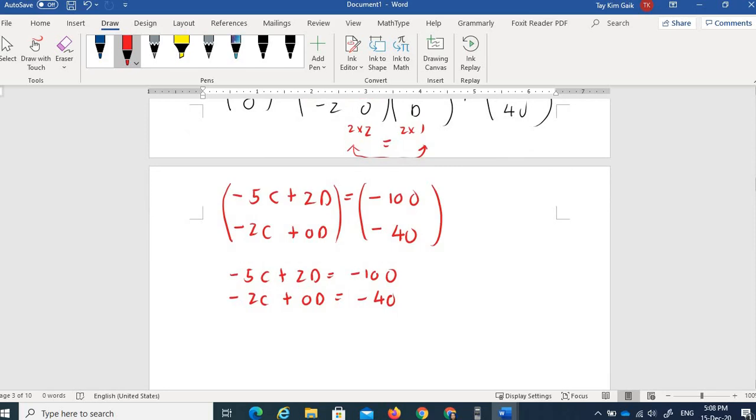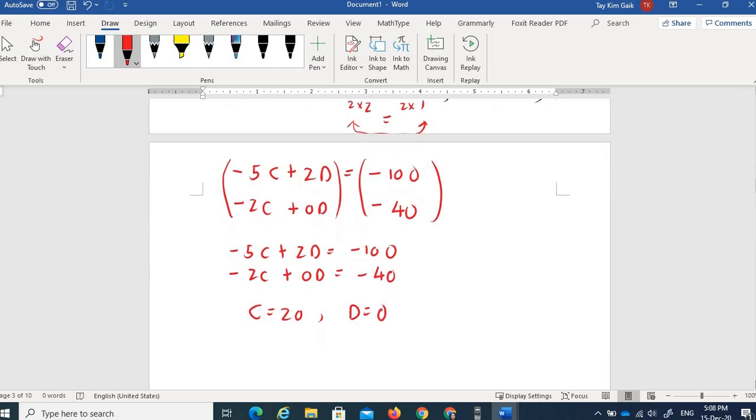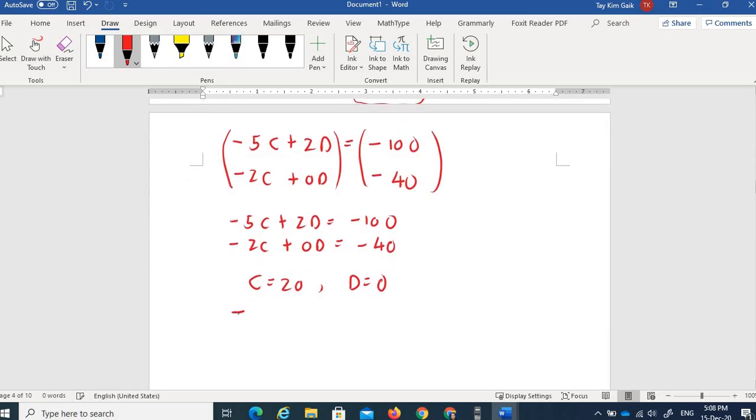So C is 20, D is 0. Plug in C and D, that's why you have the IP as 20, 0.